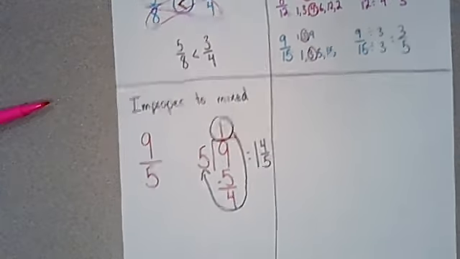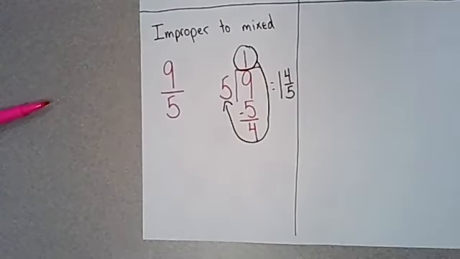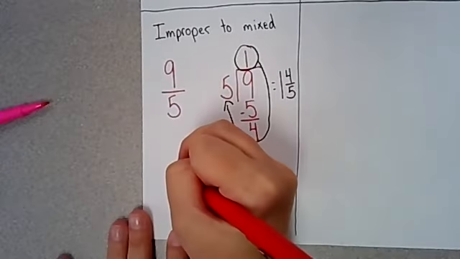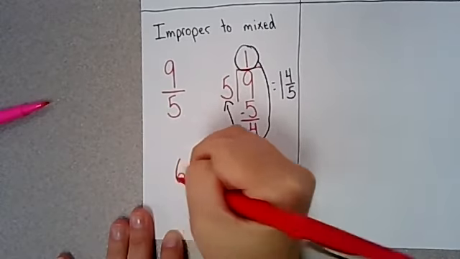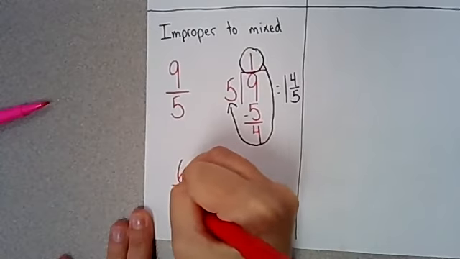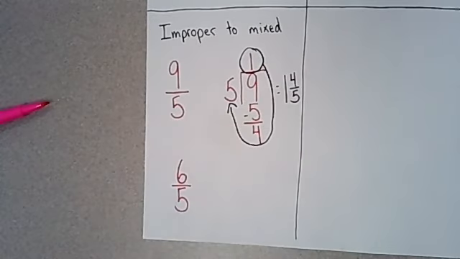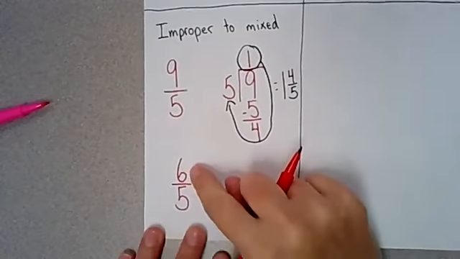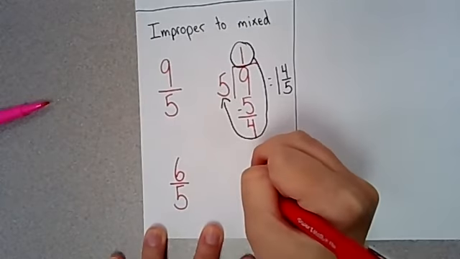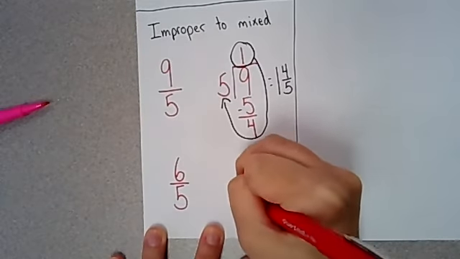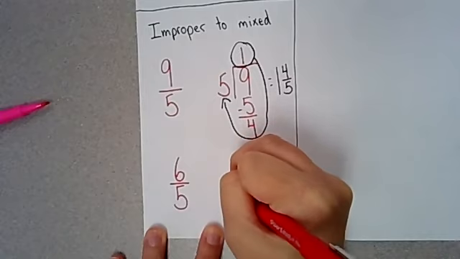Let's do another one. All right, so let's say you've got 6/4. Let's do 6/5. 6/5. Okay, so it's an improper fraction. It has a gigantic head, big head. So you're going to take the numerator and you're going to divide it by the denominator.